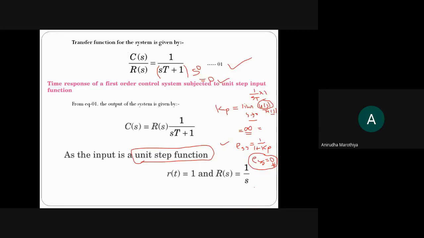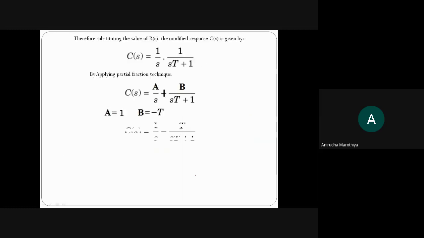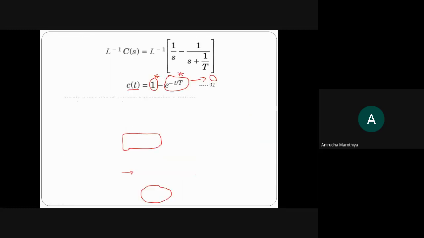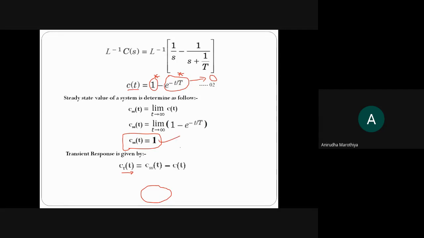Or if you apply this logic, that means first calculate the value of positional error coefficient and then calculate the value of steady state error, again you will get the same value. Or you can calculate the value of steady state response, which is going to be equal to 1, and the transient response, which is e to the power minus t by tau, and at t tends to infinity you will get the answer as 0.